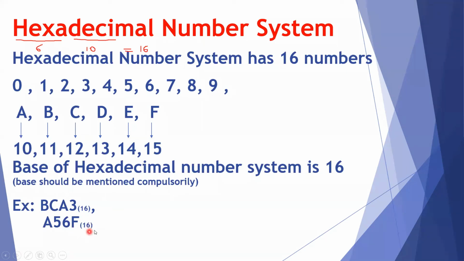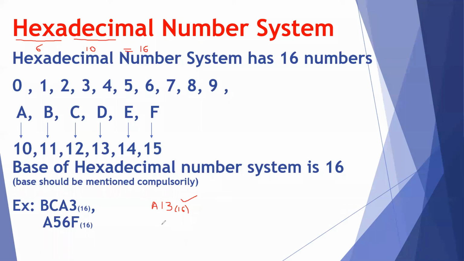Okay, so this is what base 16 is. You can write an example like A13 base 16. It is the correct example here. A exists, 1 also is there, 3 also is there.